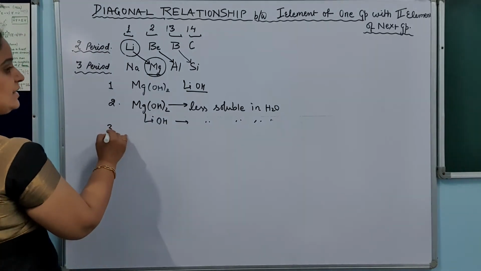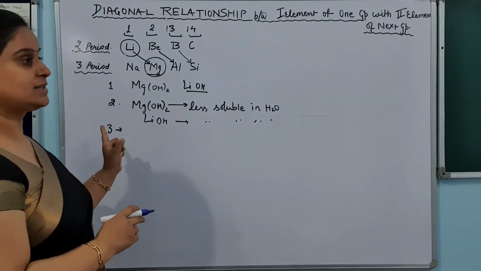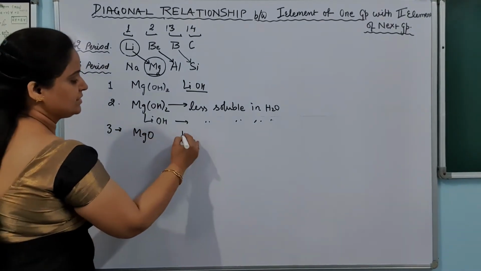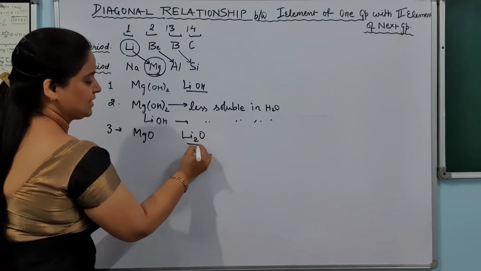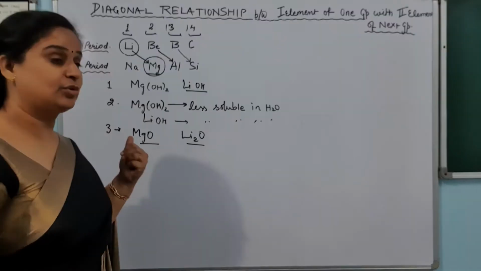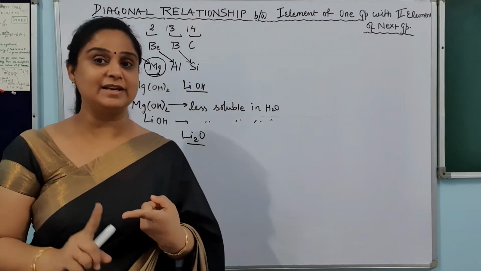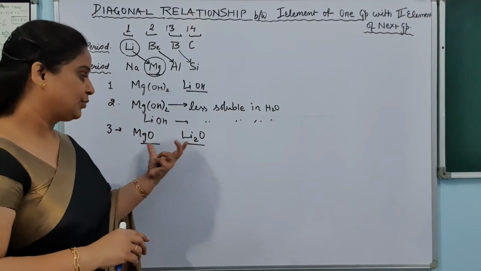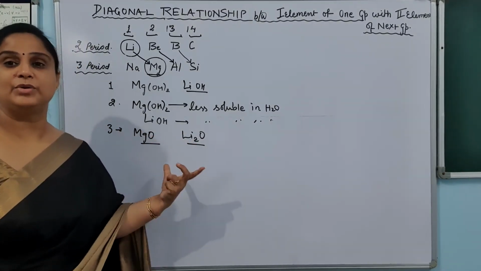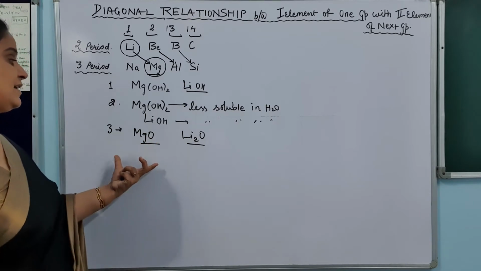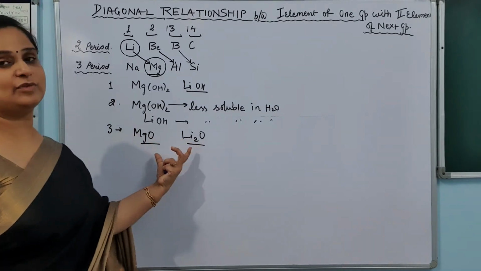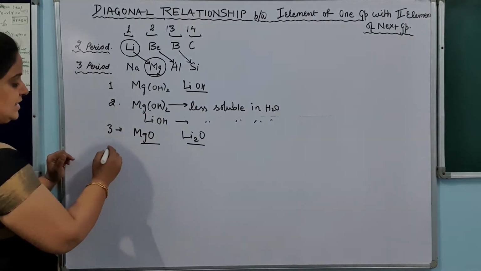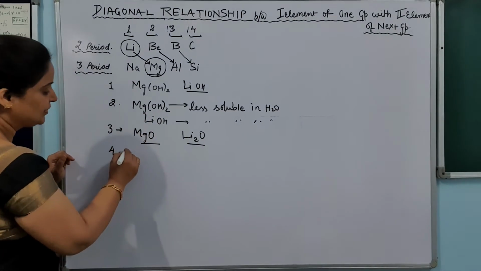Next similarity: both magnesium and lithium form oxides, and both have no tendency to form peroxide and superoxide kind of oxides. Both make only monoxides, whereas in the lithium group other oxides like superoxide and peroxide were also formed.